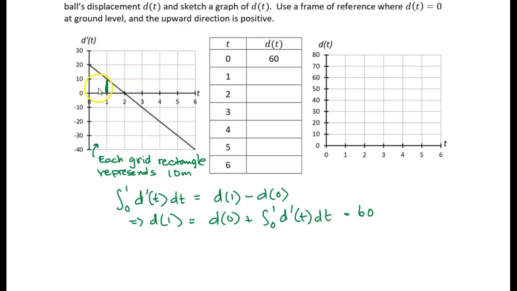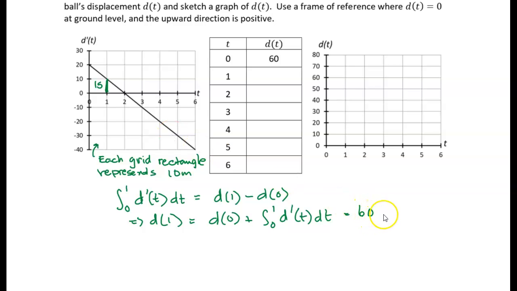All right. Like I said, we can use the trapezoidal rule or the area of a trapezoid, or we could just say, okay, if each one of these is worth 10, then this is 1 square plus half a square, so this is 15. We've got 1.5 grid rectangles in the area under the curve between 0 and 1.